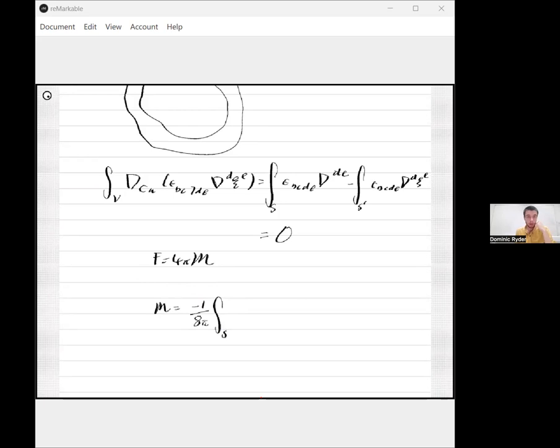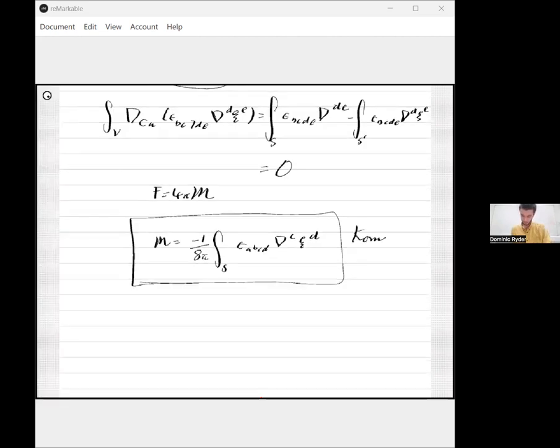Over some surface boundary in the region S, which has to be taken at the asymptotic limit in a vacuum, epsilon_ABCD nabla^C xi^D. This is our core moments. This is the mass of all stationary asymptotically flat spacetimes that are vacuum near infinity.